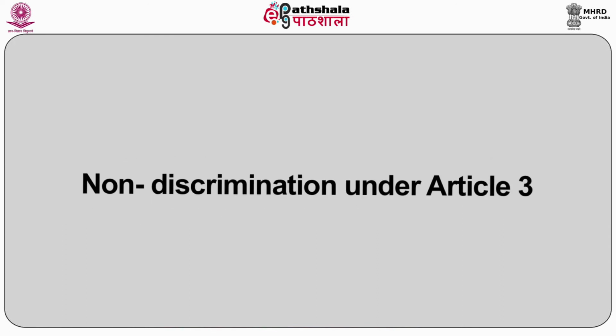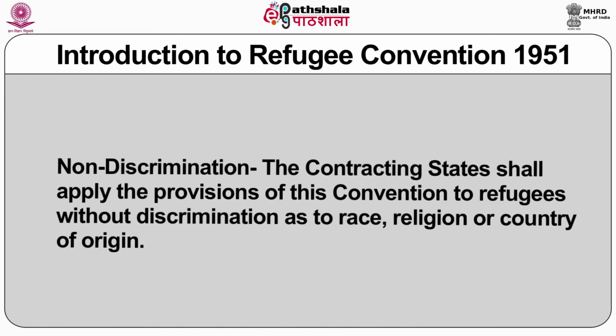Non-discrimination under Article 3 is another important feature of this convention. The contracting states shall apply the provisions of this convention to refugees without discrimination based upon race, religion, or the country of origin.